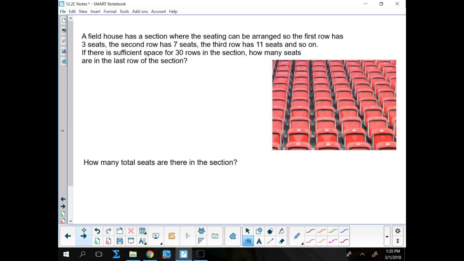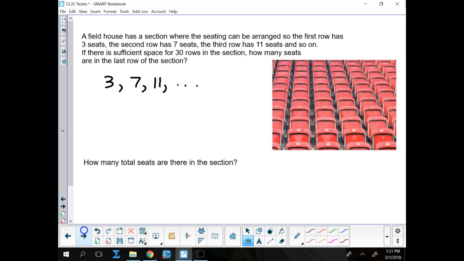So my sequence is the first row has 3 seats. The second row has 7 seats. The third row has 11 seats. And so on. Right? What's the question asking? How many seats are in the last row?